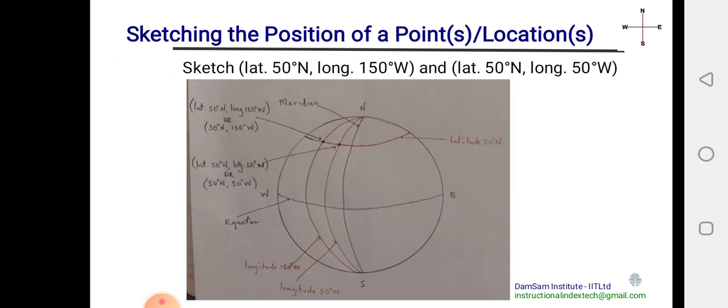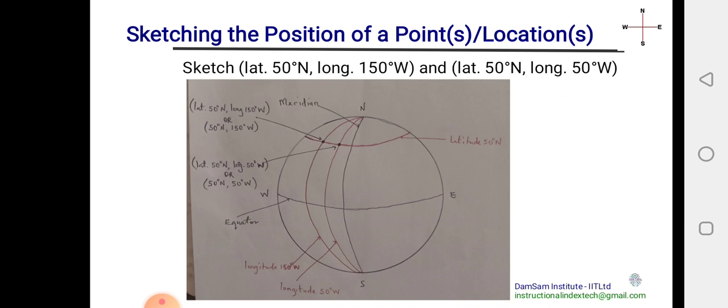Okay, we have a question. We are asked to sketch latitude 50 degrees north, longitude 150 degrees west, and latitude 50 degrees north, longitude 50 degrees west. Look at this diagram very carefully. The one that is drawn with black ink is what we first draw, and the one drawn with red ink is what we have drawn according to the question.